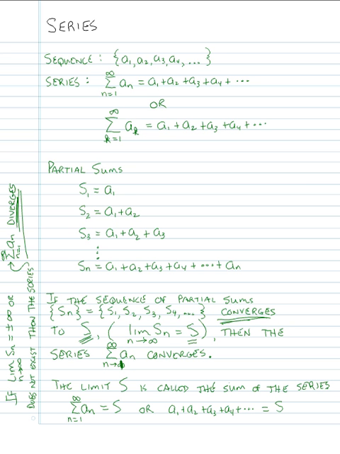Let's look at an example. An example will go a long way. So let's consider the series, which is the sum from n equal 1 to infinity of 1 over 2 to the n. Let's stop and think what this looks like. When we let n be 1, we have 1 over 2 to the first, or just 1/2.